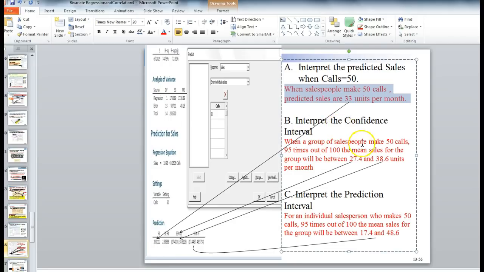Interpret confidence interval. When a group of salespeople make 50 calls, 95 out of 100 times, the mean sales for the group will be between 27 and 38 units. Prediction interval.